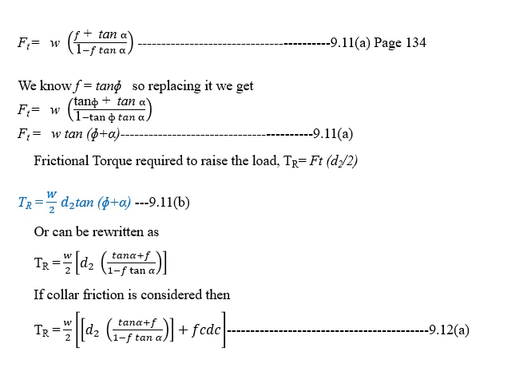If you consider there is friction in the collar, then you can add that, nothing but Fc, the collar friction, and the diameter of it is dc, which will be added to the existing equation as shown, which you can get in the design data handbook by Balveer Reddy, 9.12a.